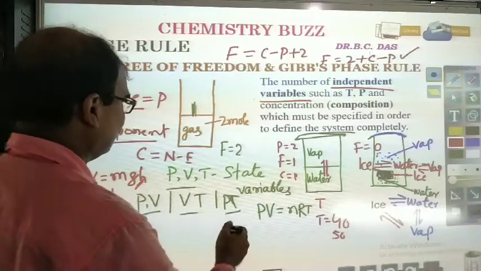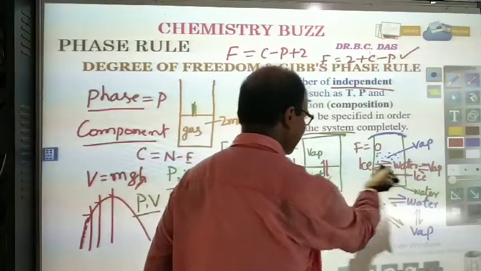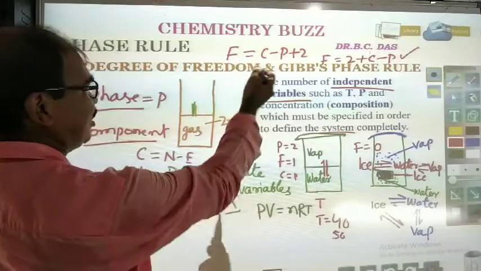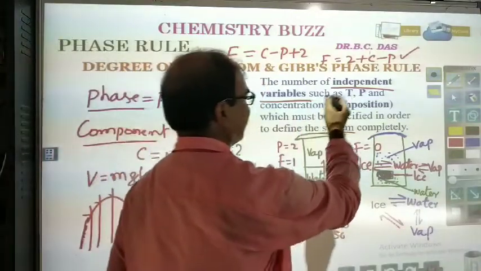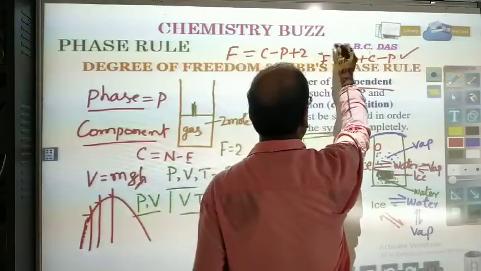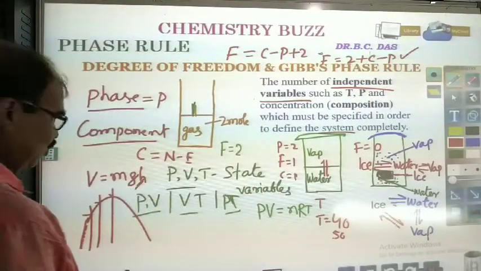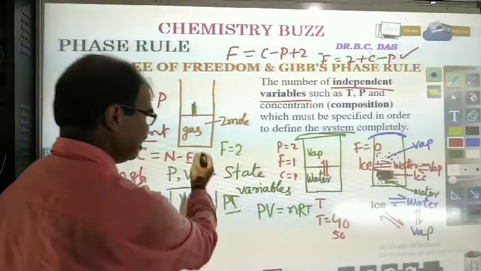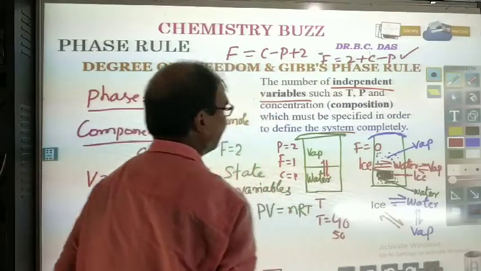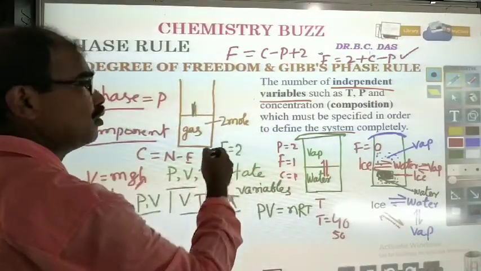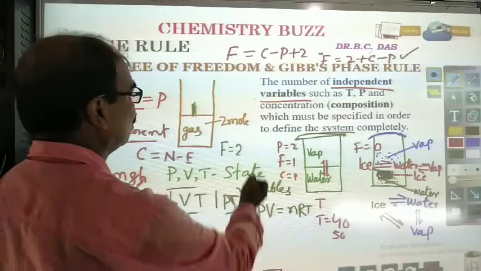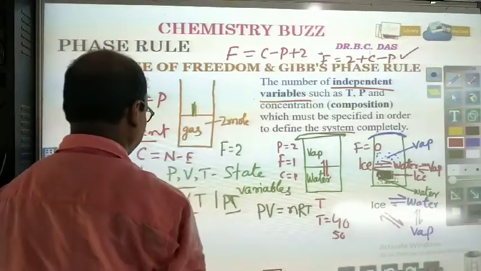Again, now let us use this formula, the Gibbs phase rule. This is the Gibbs phase rule, and the formula is given. Now let us use this formula for these three systems and see how we are able to predict the degree of freedom.